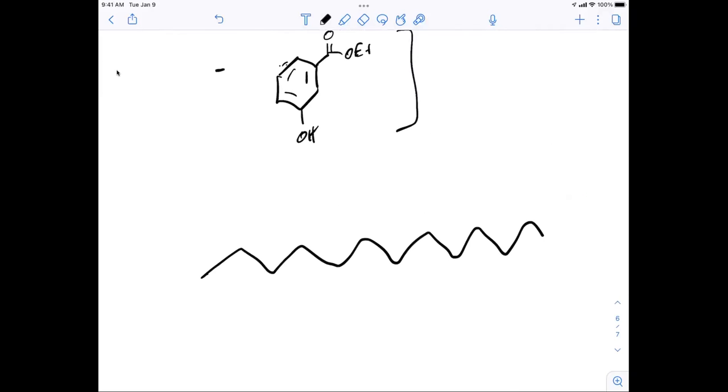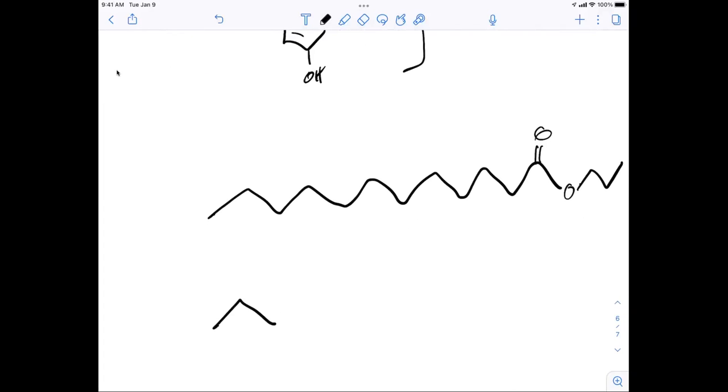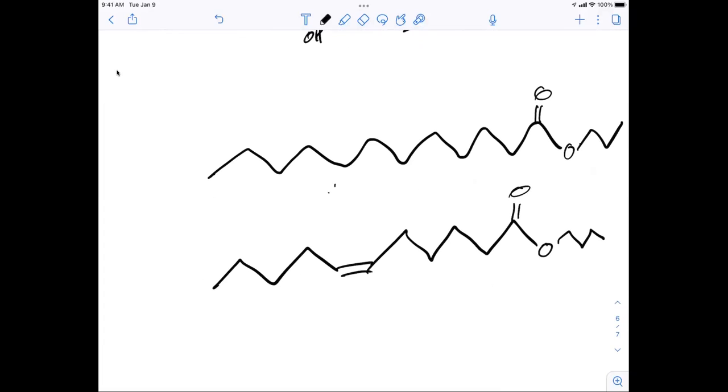So if we look at a, and I'll make sure I use a cis and not a trans, right? This would be a saturated. This would be an unsaturated.